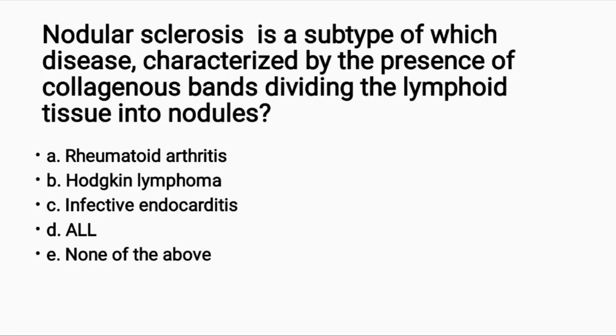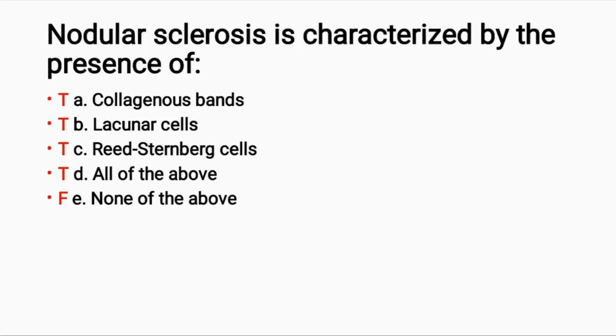D. ALL, acute lymphoblastic leukemia. E. None of the above. Well, the answer is Hodgkin lymphoma, B. Nodular sclerosis is characterized by the presence of collagenous bands, lacunar cells, Reed-Sternberg cells.